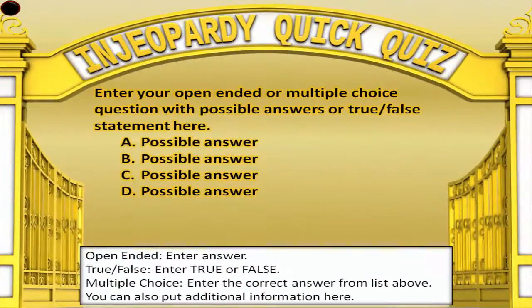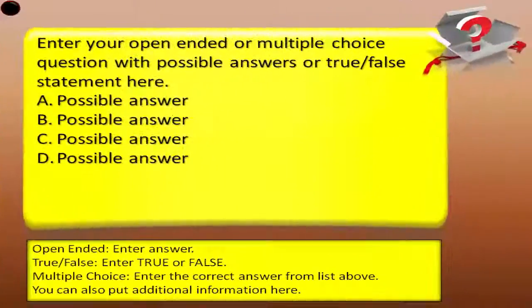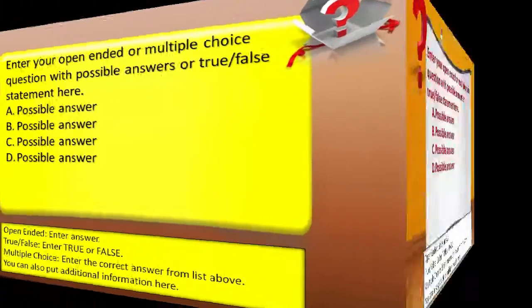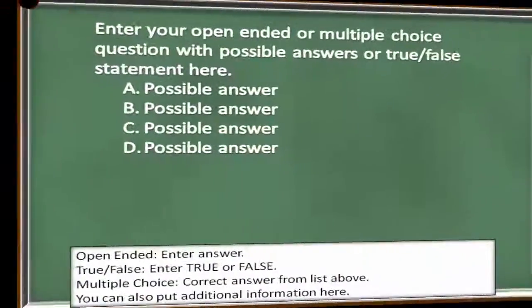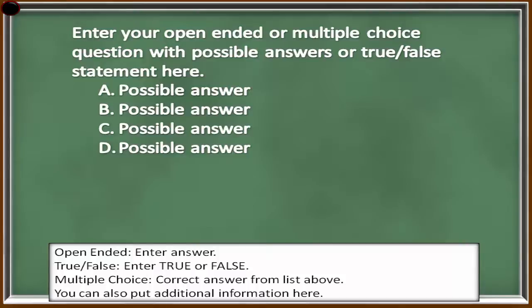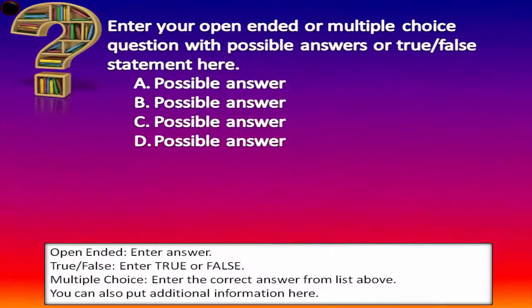The question slides are simple and attractive with only a single button on them. These flexible slides can be used to create many different types of questions, the simplest being an open-ended question, or you could play a true-false question, or enter a multiple-choice question with several different possible and correct answers.